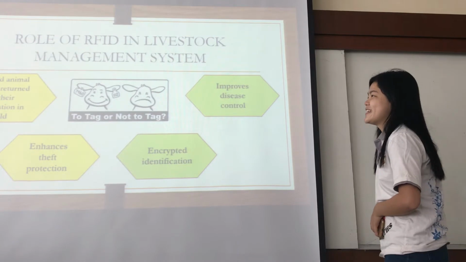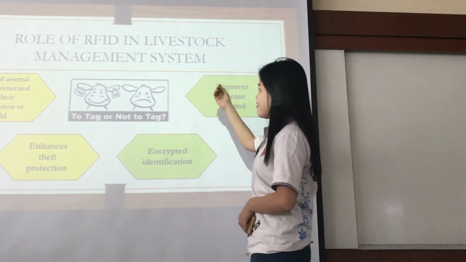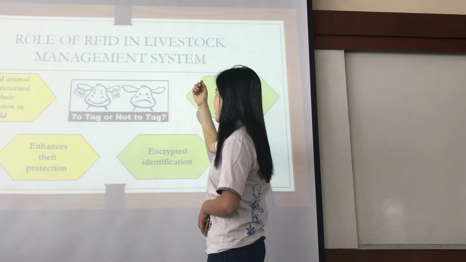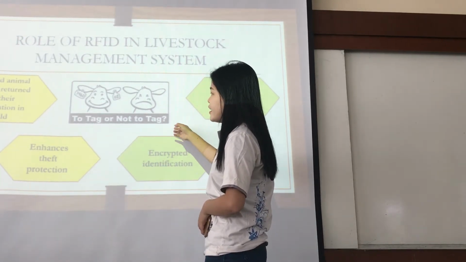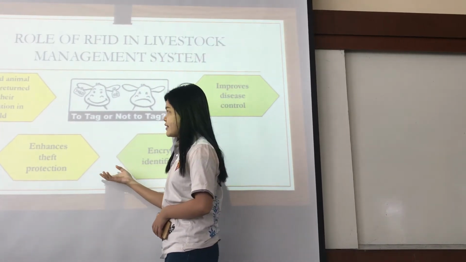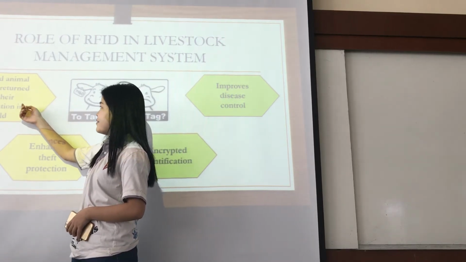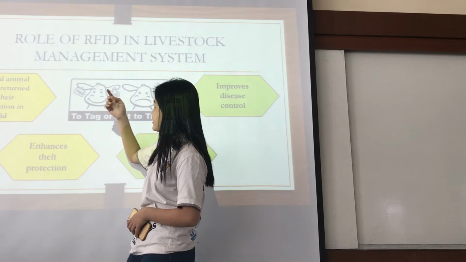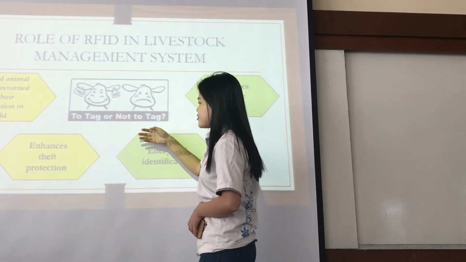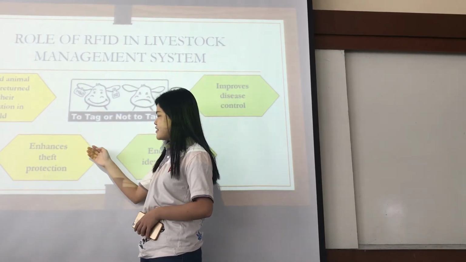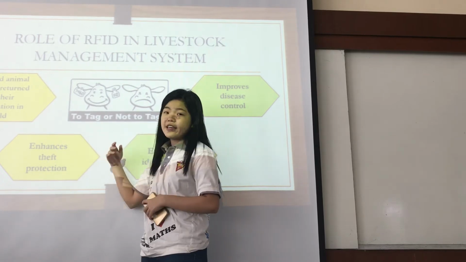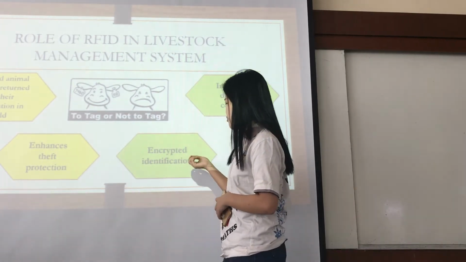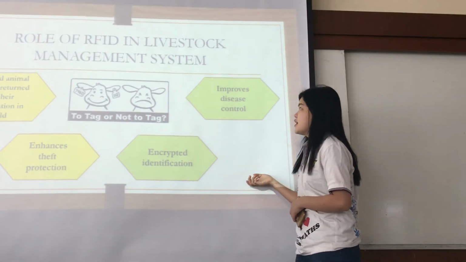Next. The RFID system plays an important role in our livestock management system. Livestock need to be tracked because tagged animals can be returned to their owners. RFID also enhances theft protection by giving each animal a unique and encrypted identification.